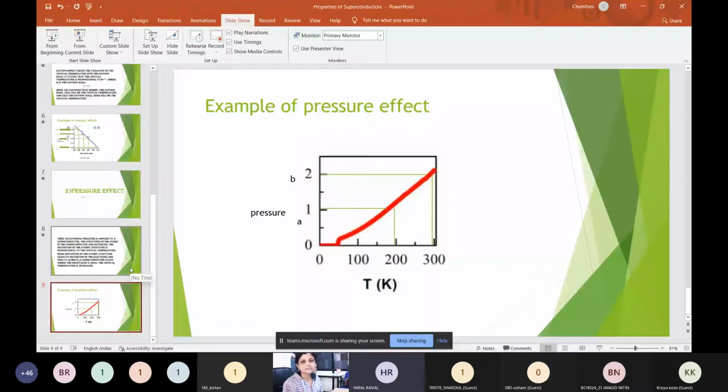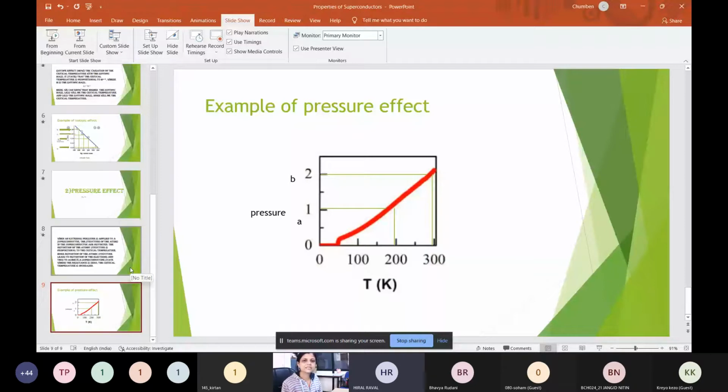In the same way, there are certain materials that normally do not get converted into the superconducting state. However much you lower the temperature, whether 4 Kelvin, 2 Kelvin, or 1 Kelvin, they will not convert into the superconducting state. But when you apply pressure on them and then lower the temperature, they convert into the superconducting state.